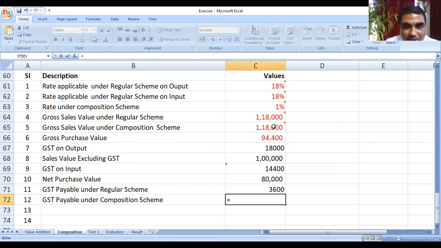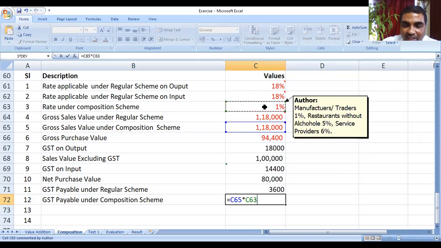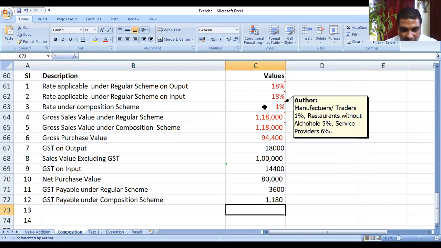So gross sales value is this into, understand it very clearly. So 1,180. Right, GST payable under composition scheme. Okay.